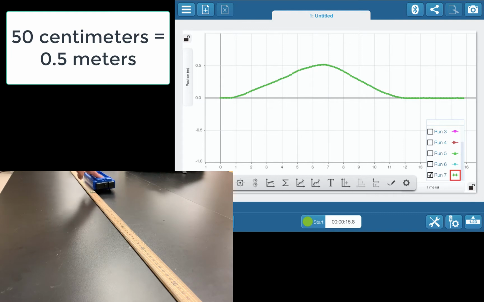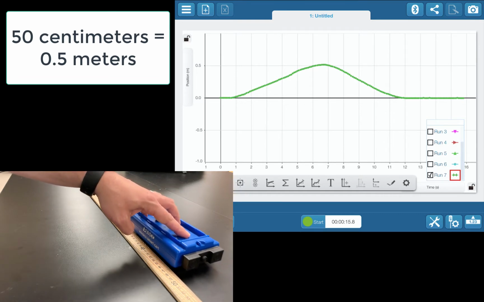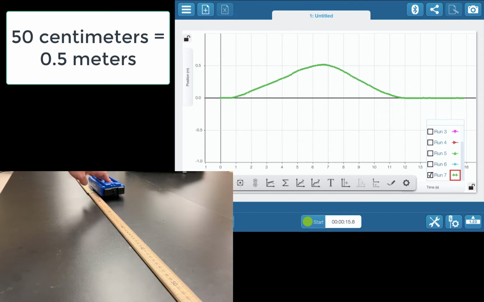And this is important because we were asked in the analysis questions if displacement and distance are always equal. And they're not, because if we look at the total distance that the cart travels up to 50 centimeters here, and then travels back another 50 centimeters to the origin. So that's a total trip of 1 full meter, or 100 centimeters.